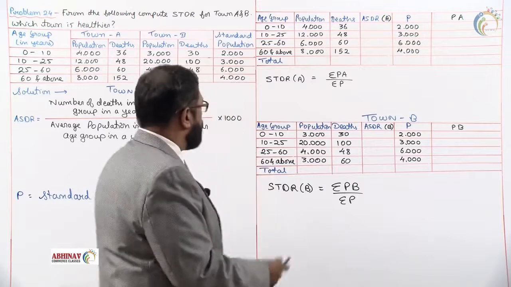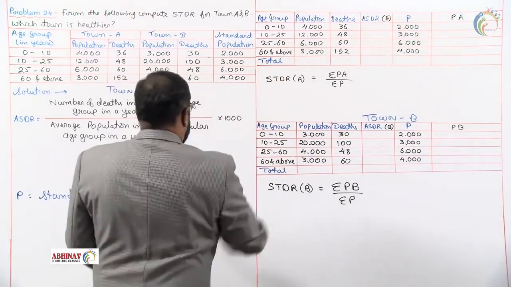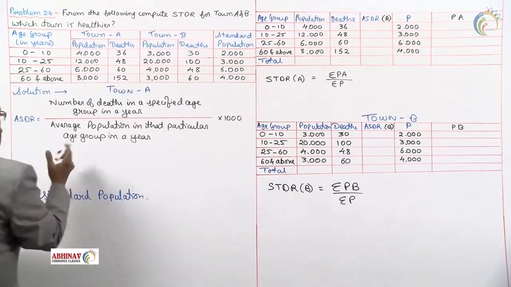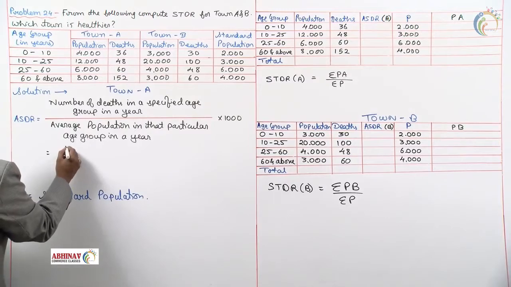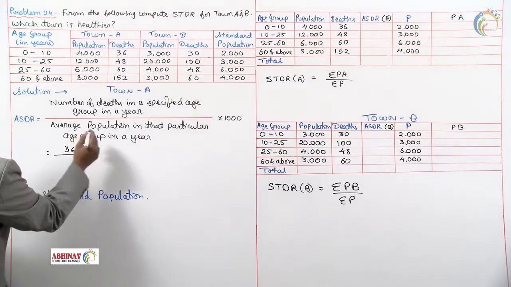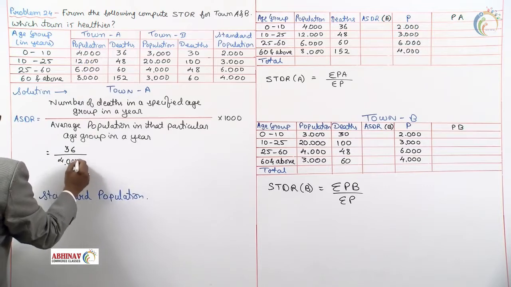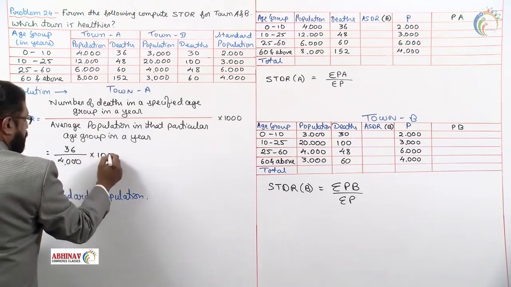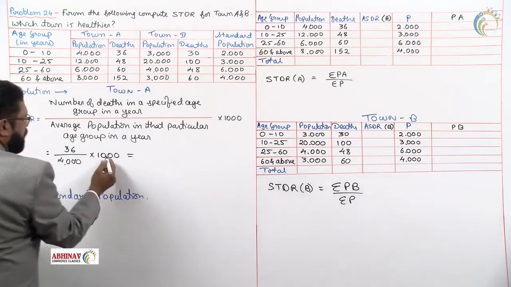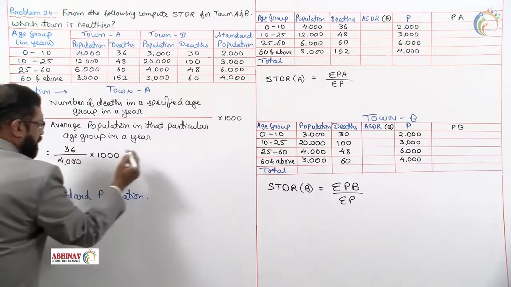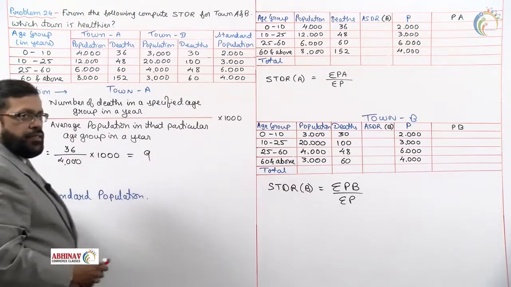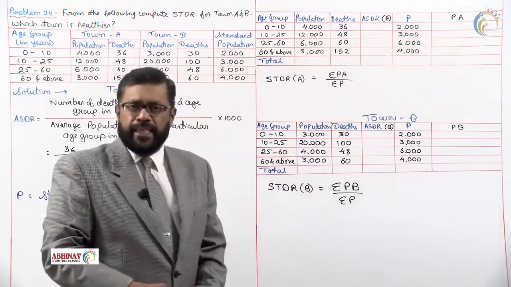So when you start with town A, the number of deaths of town A for the first age group is 36, divided by the average population of town A, 4,000, into 1,000. So 36,000, 3 zeros are cancelled, 36 upon 4. The ASDR we get is 9.